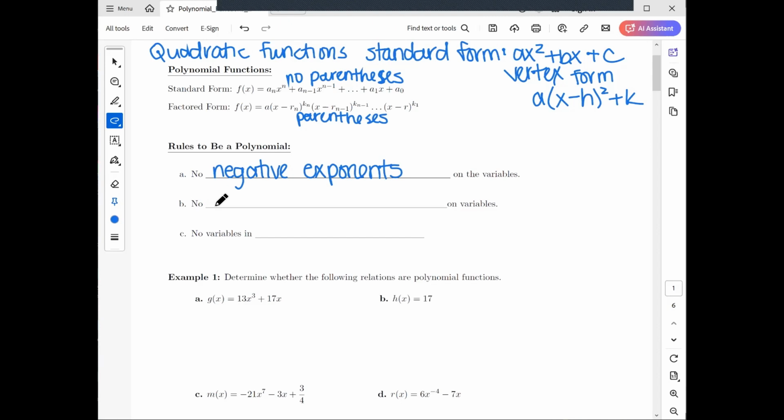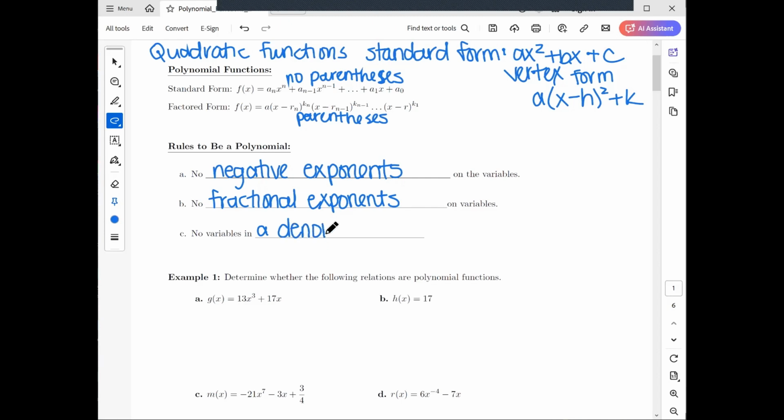You're not going to have any fractional exponents. Fractional exponents get you into radicals, and radical equations and radical functions are not polynomials. And finally, no variables in a denominator.